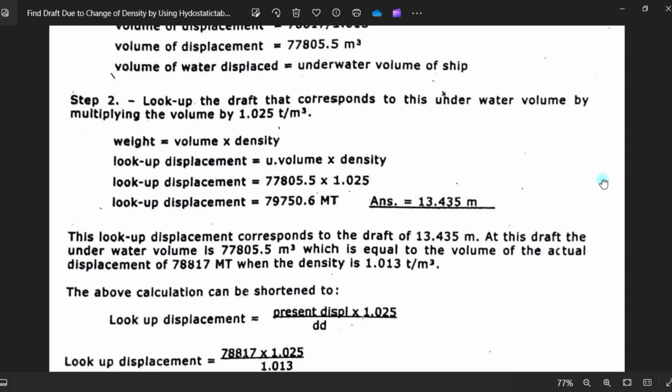This lookup displacement corresponds to the draft of 13.435.